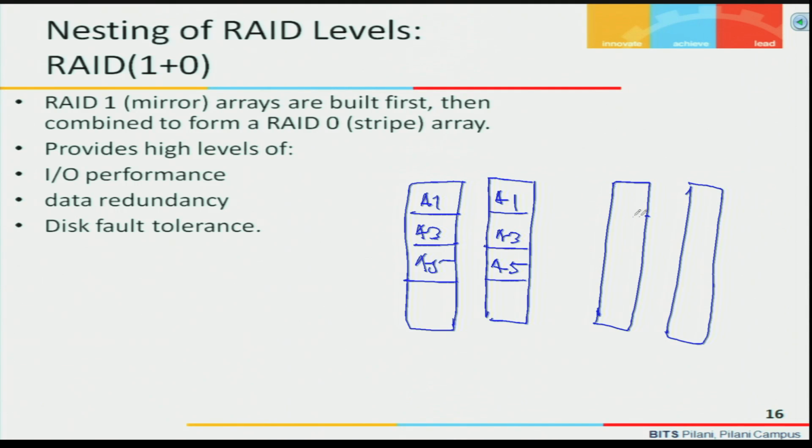This is one mirror, and another mirror is A2 A2, A4 A4, A6 A6. So, this is RAID 1 and this is RAID 1.